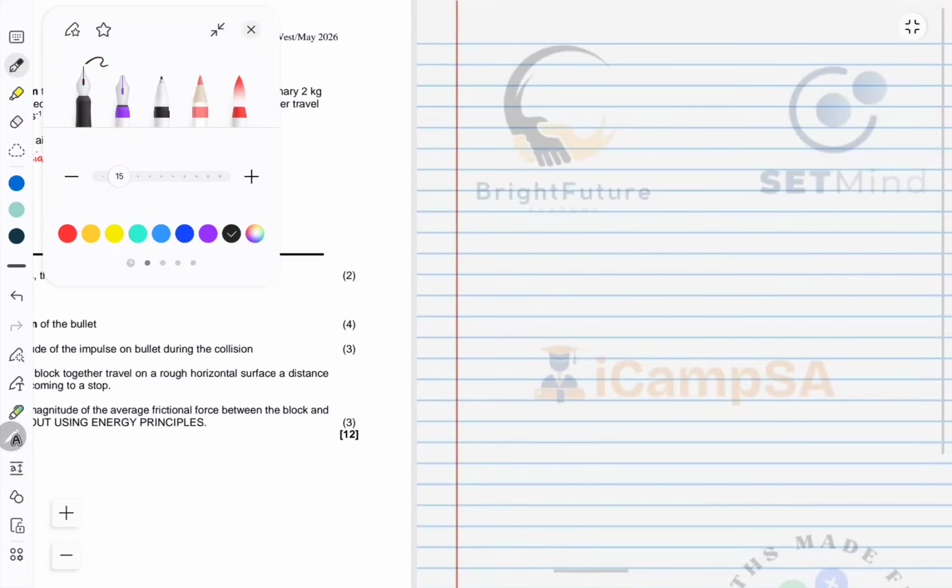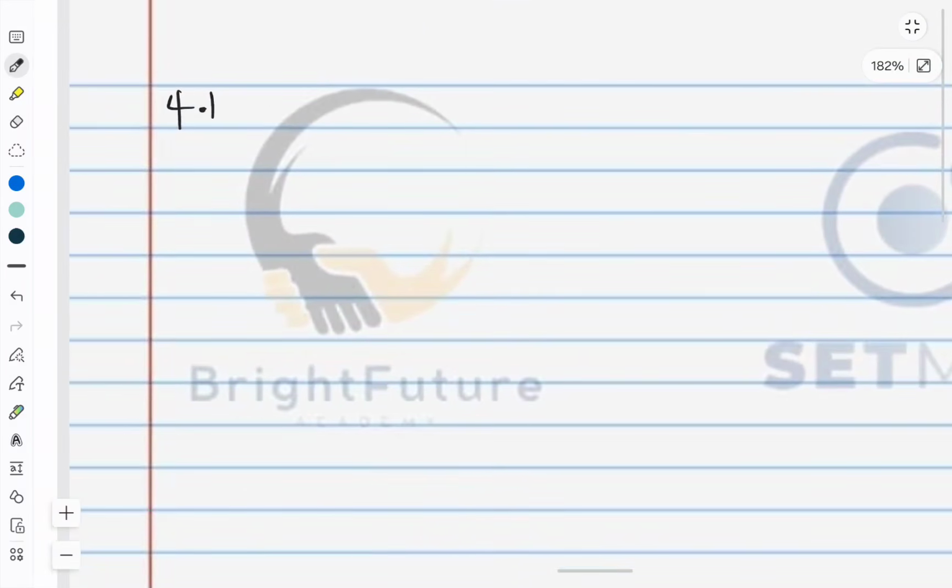So these type of definitions, some teachers would usually give you an exam guideline where there's a list of the recommended definitions, of course, because you cannot come up with your own definitions. You have to use the ones that are prescribed. So we usually define impulse as that. It's just the product of the resultant force acting on an object and the time that net force acts on the object. So that's impulse.